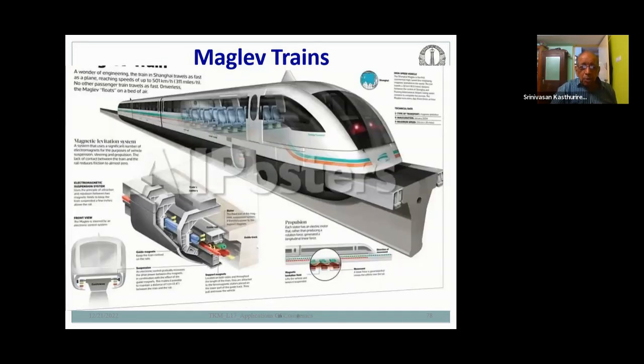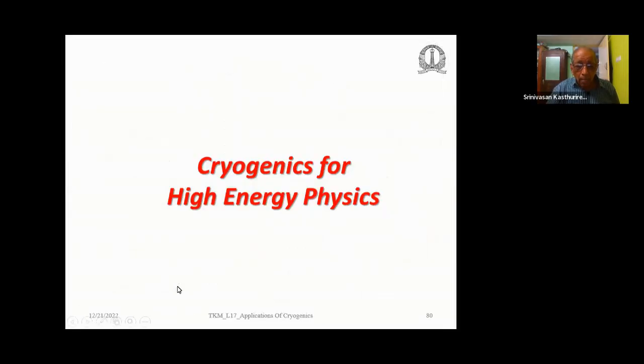So these are some of the experimental maglev trains. You don't have a track, but that train is actually supposed to be well within the track.